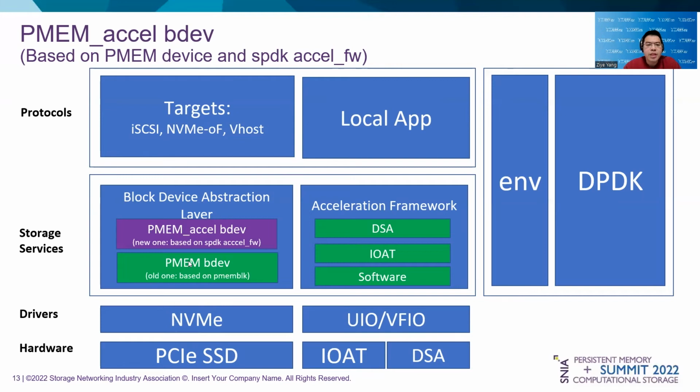Pmem bdev just uses the CPU and utilizes the Pmem block library inside the PMDK. We can see that Pmem Accel bdev will be more efficient than the previous solution.